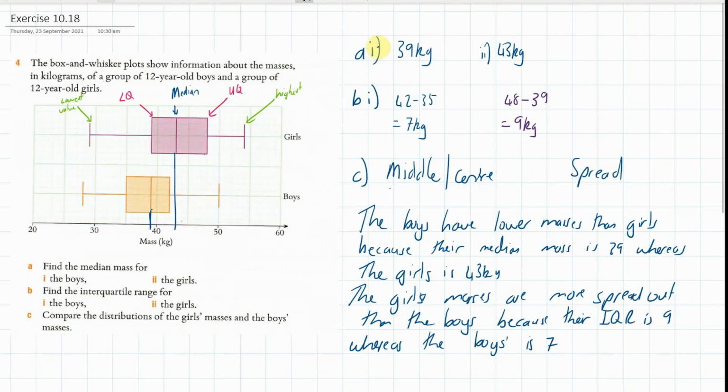You could also, if you wanted to, and I'm not saying you have to here, but you could also look at the total range from here to here. You can see that that's wider than from here to here. So also the overall range is wider for the girls.